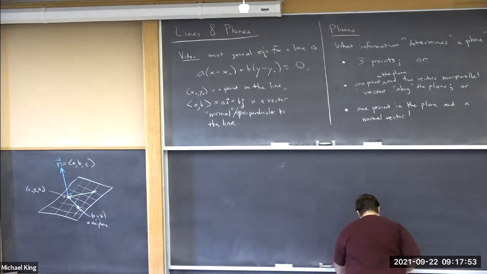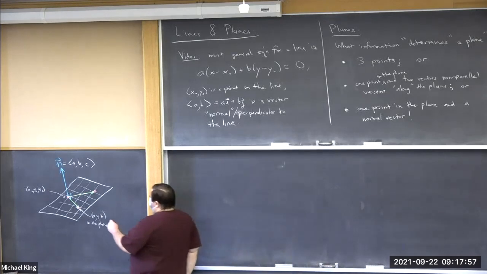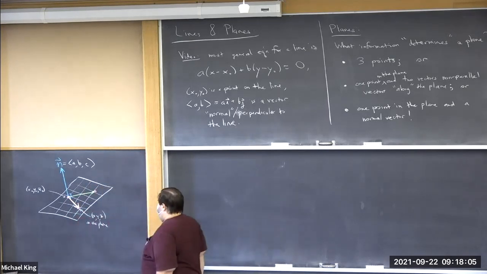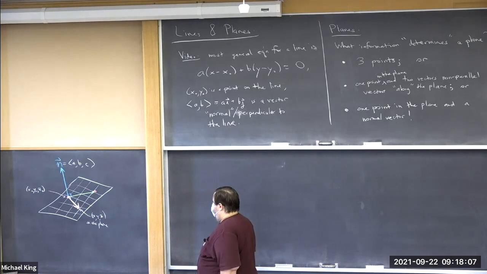And maybe you read this section of the book too, but we do have this vector right here, right? How could I write this vector down in terms of stuff I've written on the board?